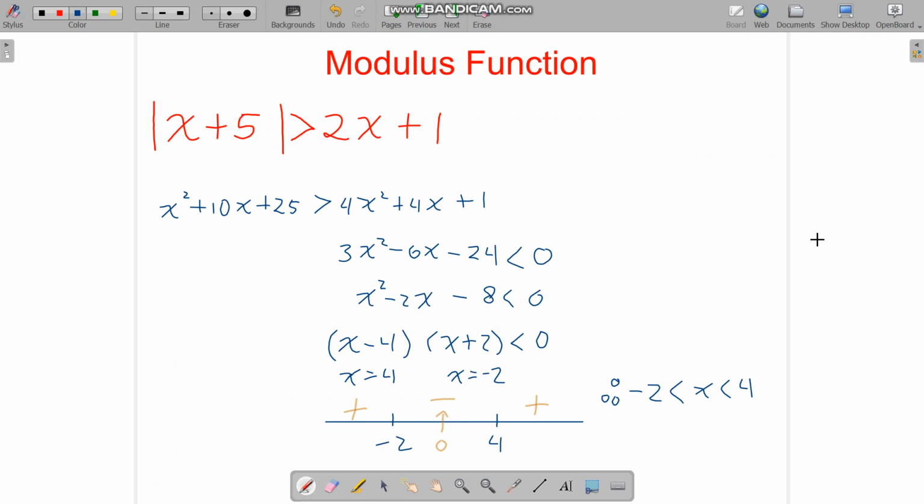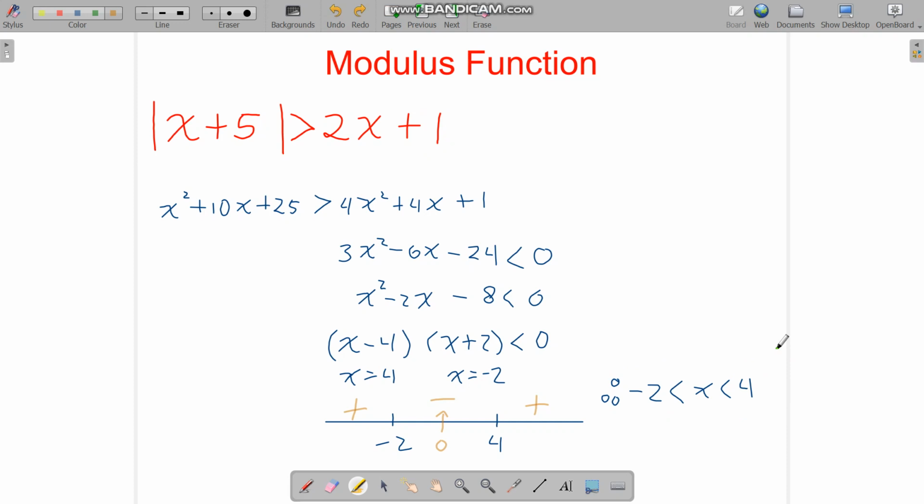Now, in case you are wondering why, that is because we cannot simply ignore the original modulus function. This makes sense because, first of all, if we just ignore the original inequality, what difference does it make if the original question actually also has a modulus function on the right? We will get exactly the same solution, which doesn't make sense.